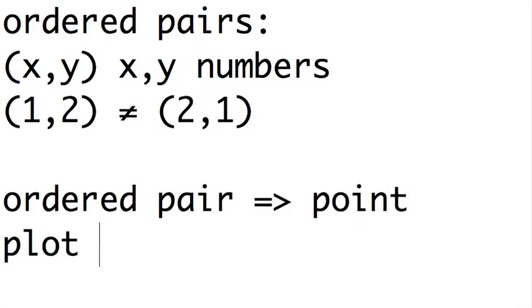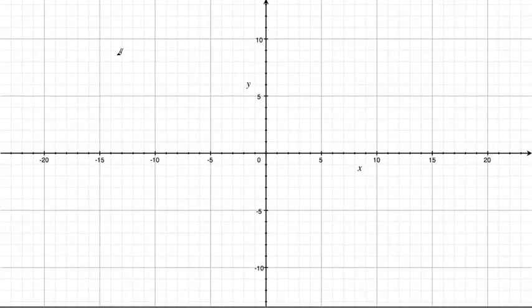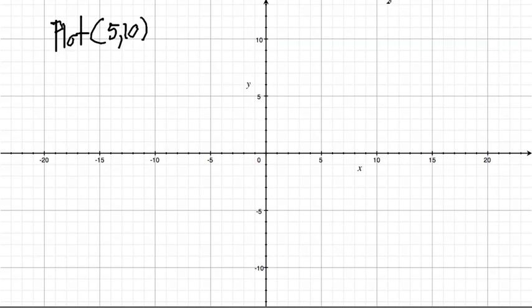So let's see how we can plot the point (5, 10) in our coordinate plane. My handwriting is only so good, but I'll do my best to make it look as pretty as possible. Note that I wrote (x, y) originally when I was talking about ordered pairs.